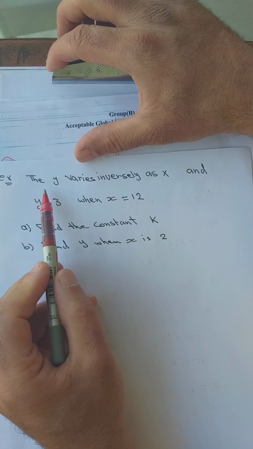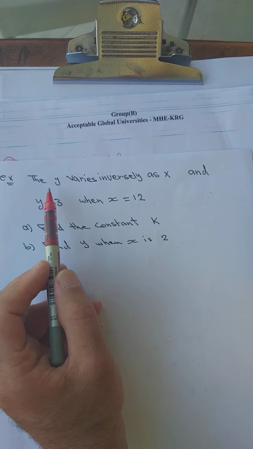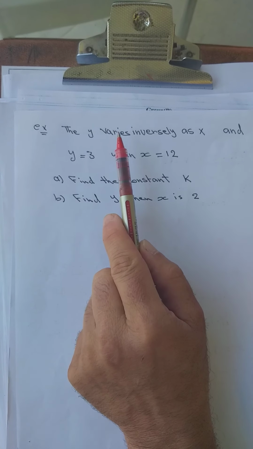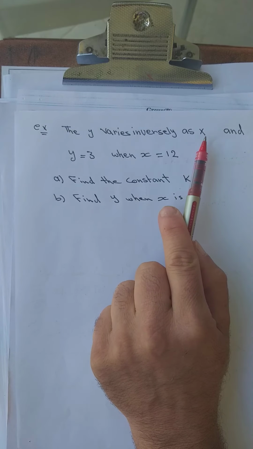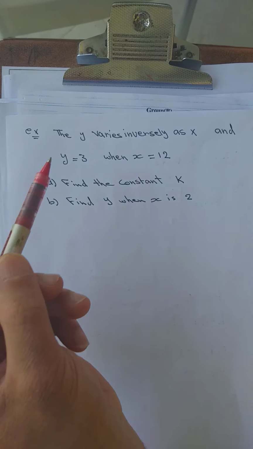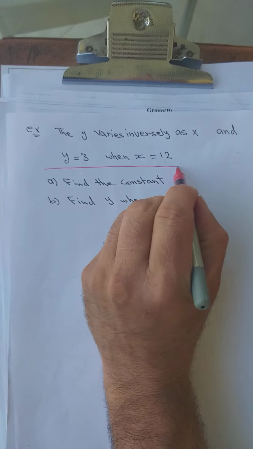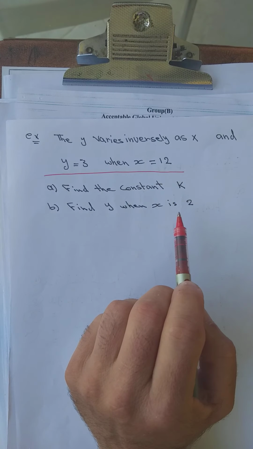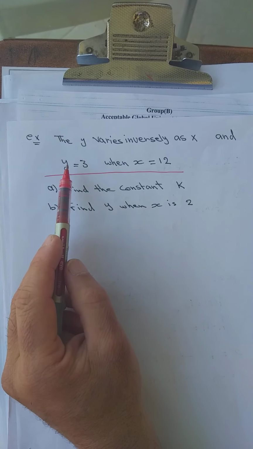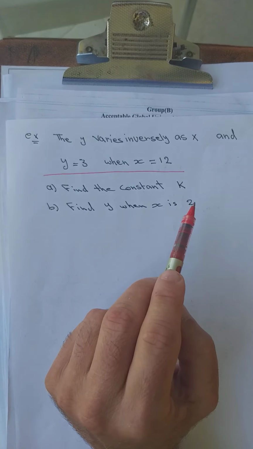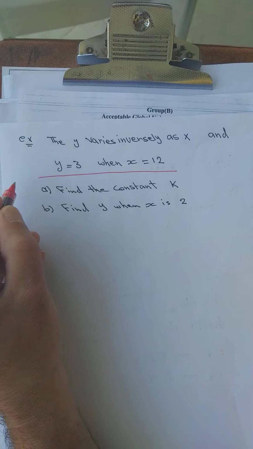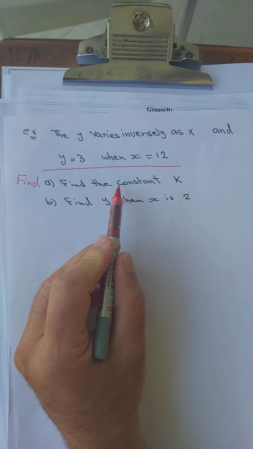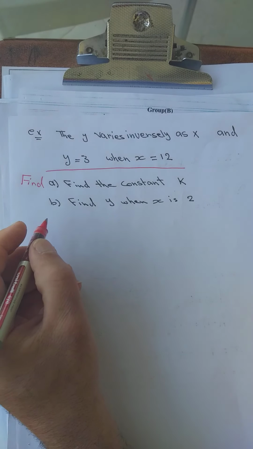Let me solve this example. y varies inversely as x, and given y equals 3 when x equals 12. We have value y, we have value x. A, find the constant k. Answer A.